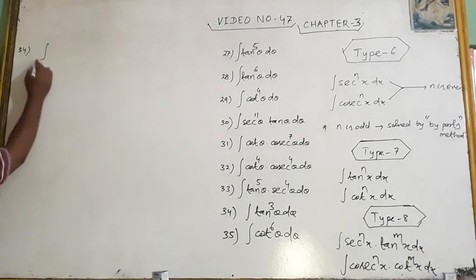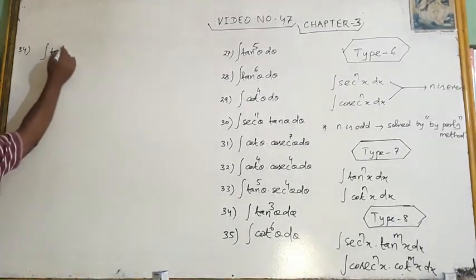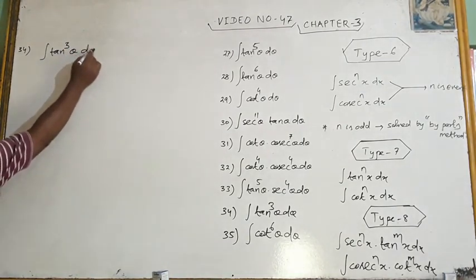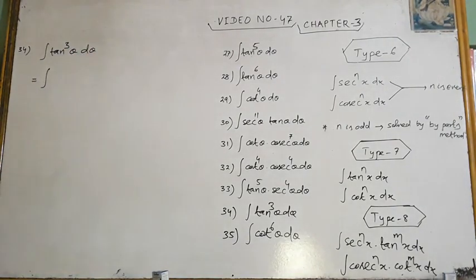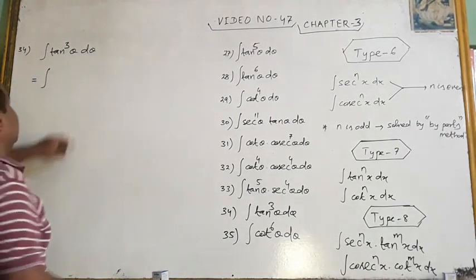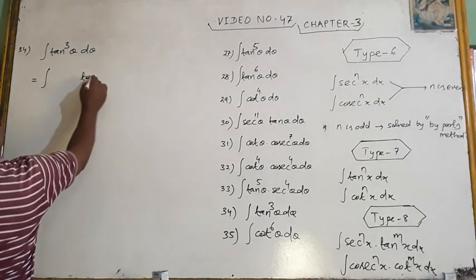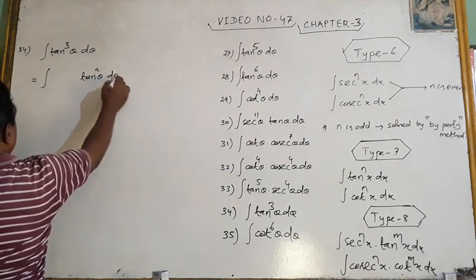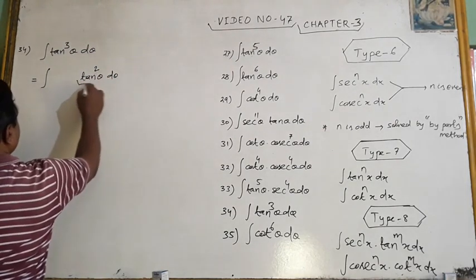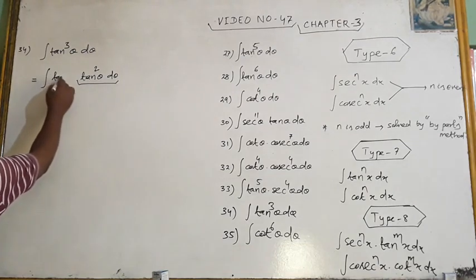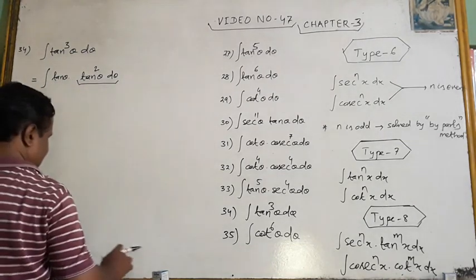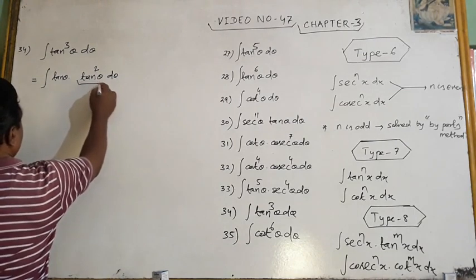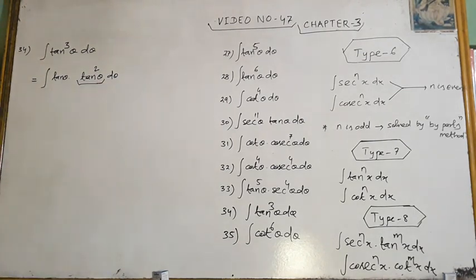What is that? It is tan power 3 theta d theta. What I am doing here? Always do this by this method. Break this tan cube theta as tan square theta into tan theta. Every time you have to take tan square to one side, then tan theta on the other side, because tan theta is not the derivative of anything, but sec square theta is the derivative of tan theta.